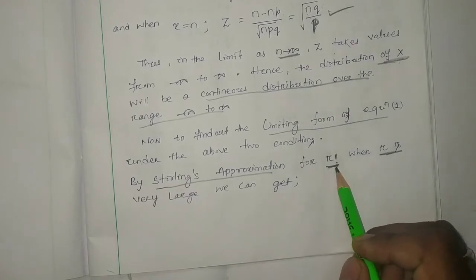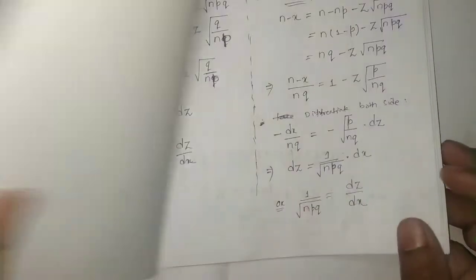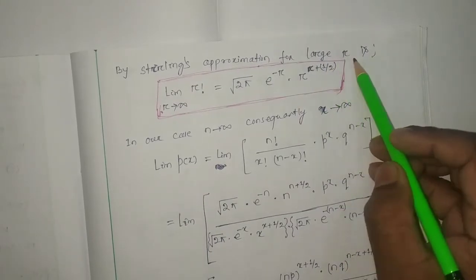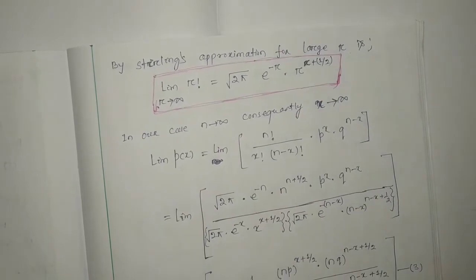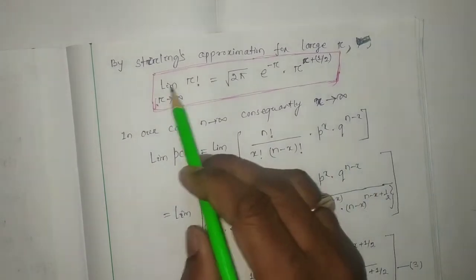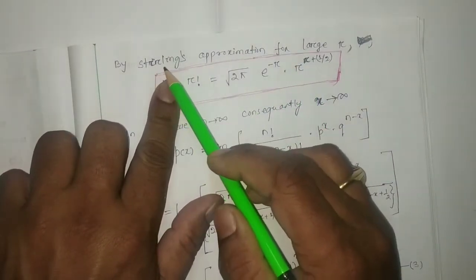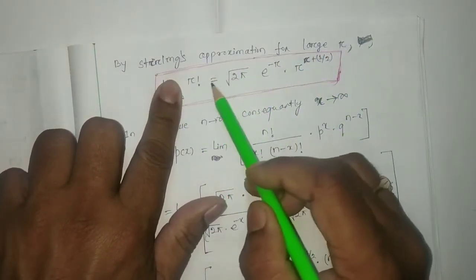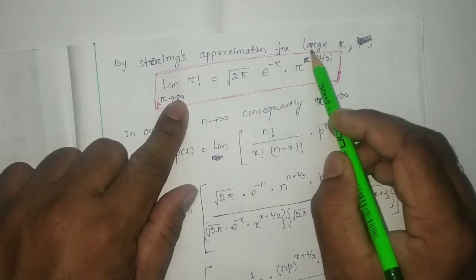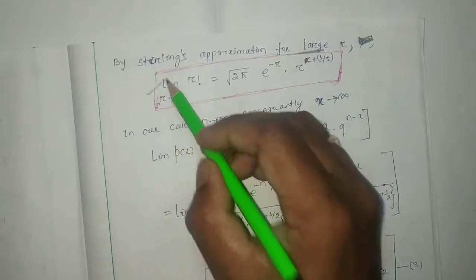According to Stirling's approximation, for large r, that means r tends to infinity, r factorial is given as follows.